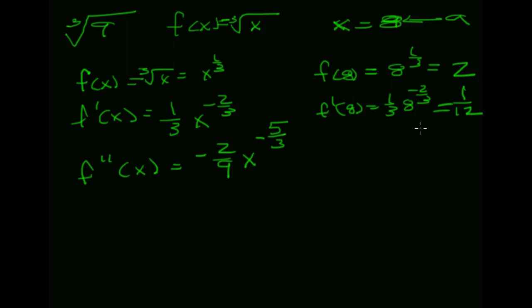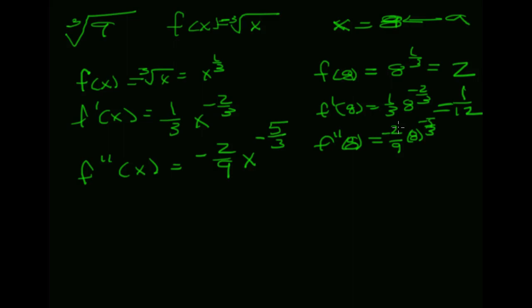Okay, fantastic. And f double prime of 8 is negative 2/9 times 8 to the negative 5/3. The third root of 8 is 2, and 2 to the 5th is 32. Put that at the bottom.